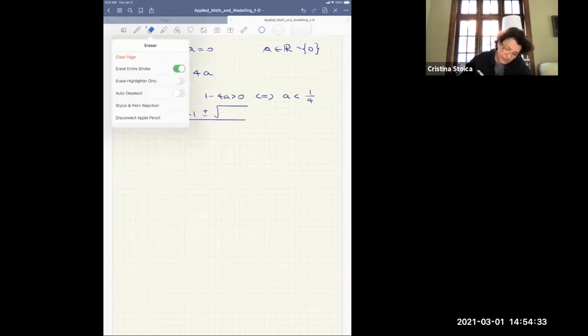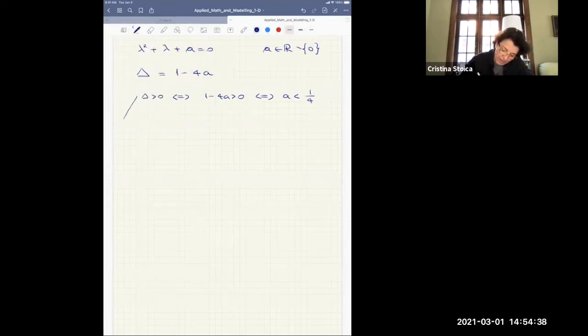Actually, in this case, it's easier to do it with P and Q. So Q was lambda 1 times lambda 2, so in this case it is A. And now we distinguish: if Q, which is A, is positive, then lambda 1 and lambda 2 are real and have the same sign.